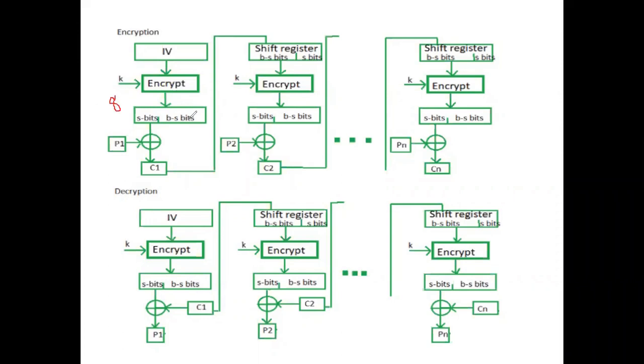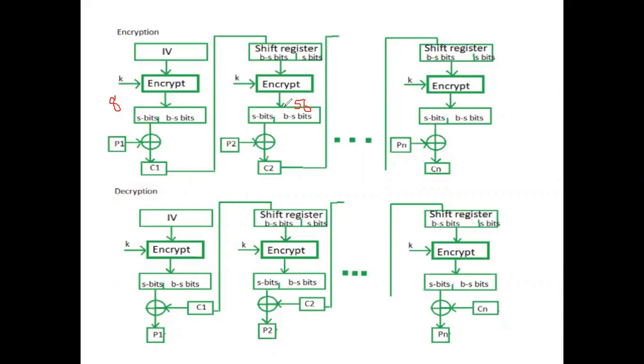The B minus S bits means 56 bits. Total is 64 bits. It is given to the shift register, where it is divided into two parts: S bits of size 8 bits and B minus S bits of size 56 bits. So what is happening here?